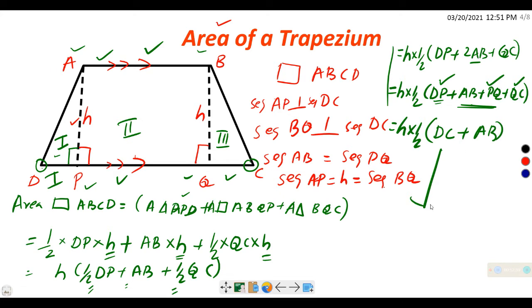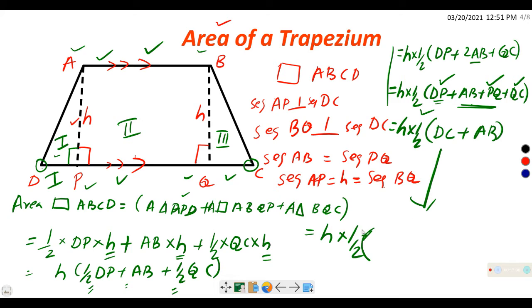So ultimately what happens here, if I look at this again, it appears as if height into half of DC plus AB. What is DC? One of the parallel sides, right? And what is the other one? AB, the opposite parallel side.